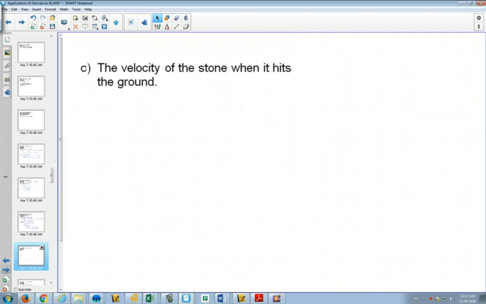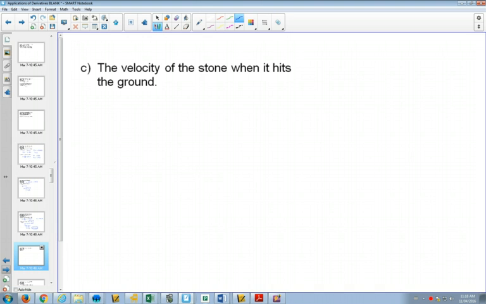How fast is that stone going when it hits the ground? So you tell your buddy to lie on the ground at the bottom of the cliff. You got your stone, and you say, catch, and you drop it. And he's waiting at the bottom with his hands out to grab it. How fast is it going when it hits his arms? Okay? Don't try this at home.